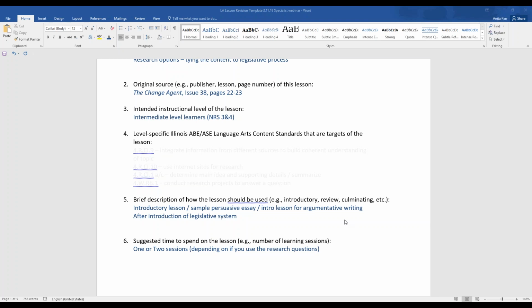Very good. Okay, now we get to the tricky part, which is standards. And you may not have your standards binder right in front of you, so some of this will come from your memory, from logic, and some of it we can look up together. So we know that we're aiming for NRS 3 and 4, those 2 levels. I want you to look at the text real quickly.